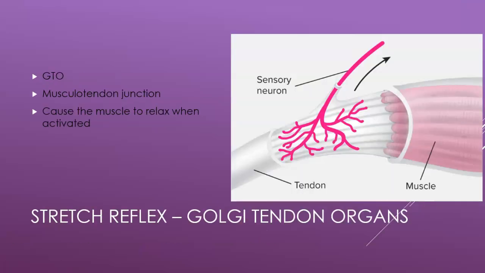Now, when we look at GTO, conversely, we know it's at the musculotendon junction, but what happens is when that is activated and you have this mechanical receptor that reads that the tendon's being stretched too fast, it'll cause the muscle to relax.